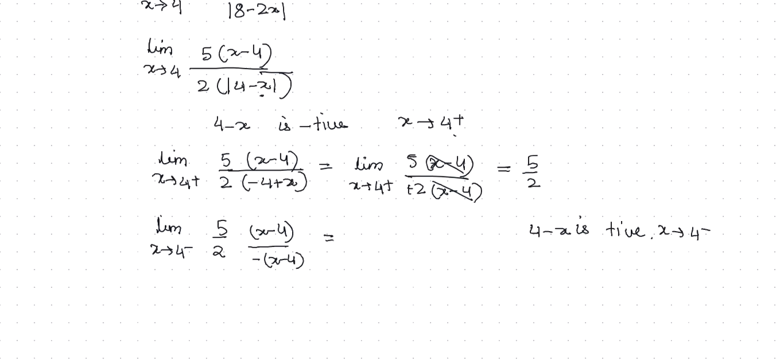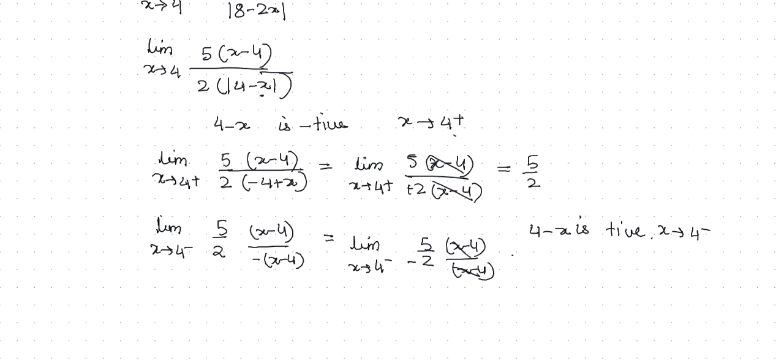So this would be the limit as x tends to 4 minus of 5 by 2 times x minus 4 over x minus 4.